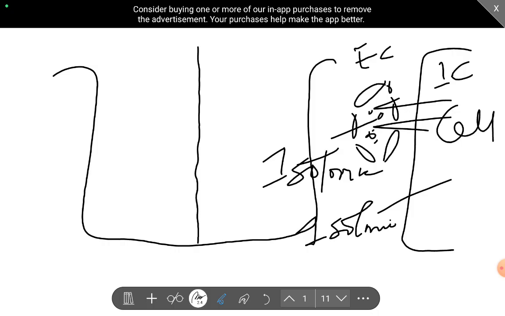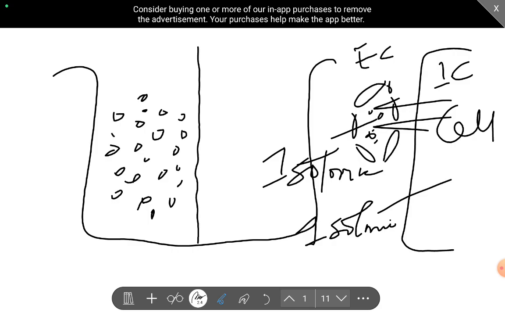So let's come back to our cylindrical can. Let's say this is hypertonic fluid. Hypertonic fluid has more solutes, and the more the solute, the lesser the water concentration.